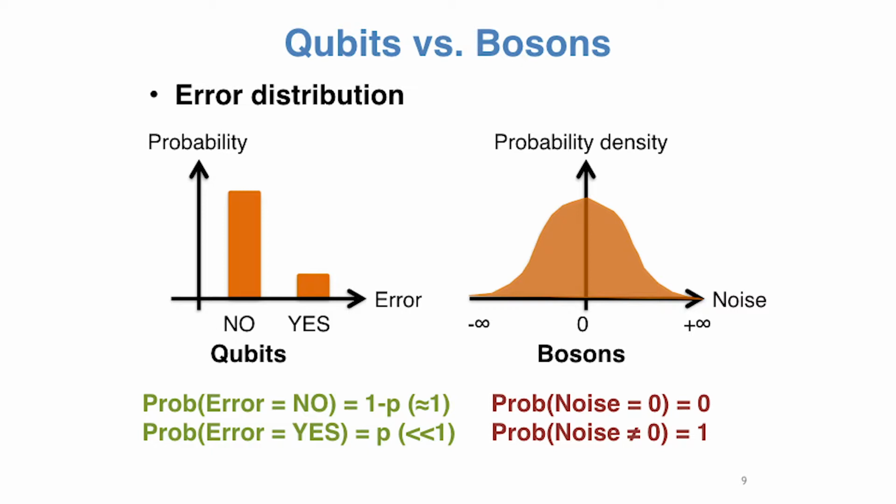But on the other hand, if we think about the additive noise with some random Gaussian distribution, if we have a better bosonic system, the distribution is going to look a little sharper like this. But even though we have a really, really good bosonic mode, the chance that we don't have any error at all, which is just the chance that we are sitting at this exact zero axis, is 0.